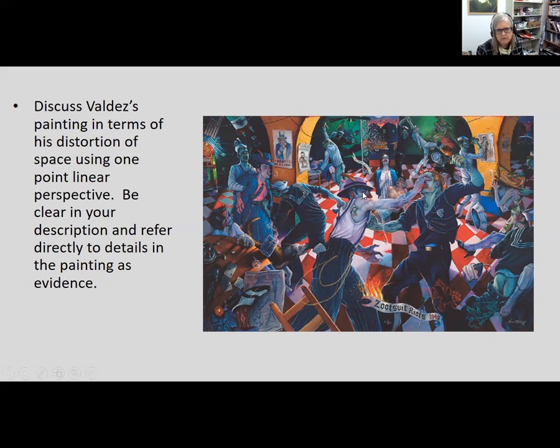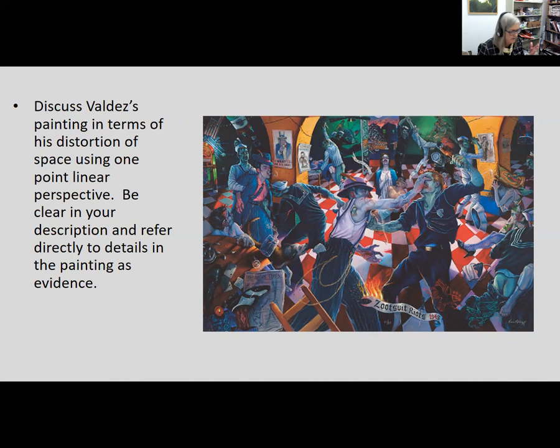If you want a little hint about what I mean about the distortion of one-point linear perspective, go back to chapter 4, and either review the video or look at the section on one-point linear perspective and see what a typical one-point linear perspective looks like, how it's laid out.